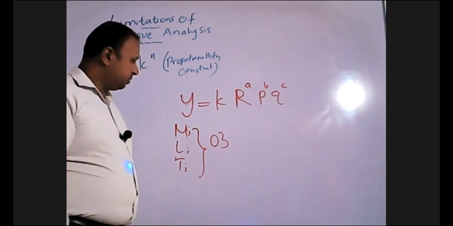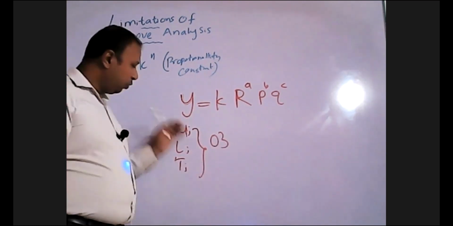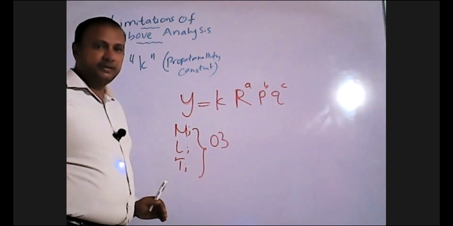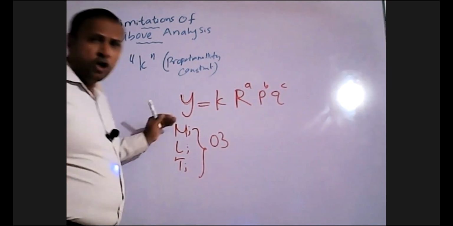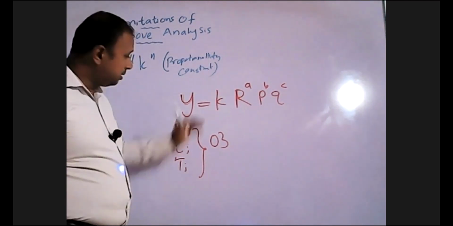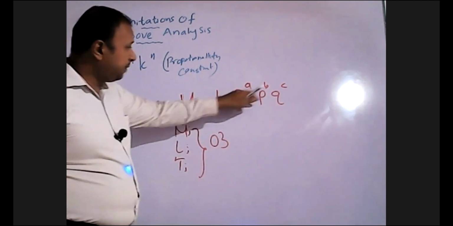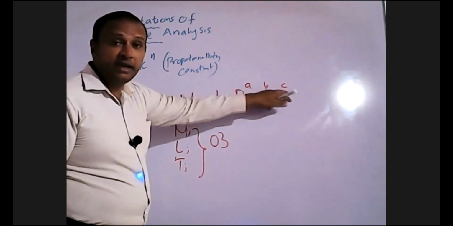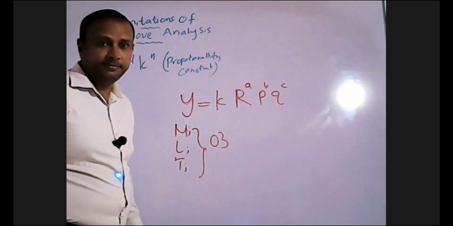If it is not a different question, those are the only 3 dimensions that we have. So using these 3 dimensions, we can build up to a maximum of 3 different equations. So the maximum number of unknown factors that can be evaluated using this method is 3.